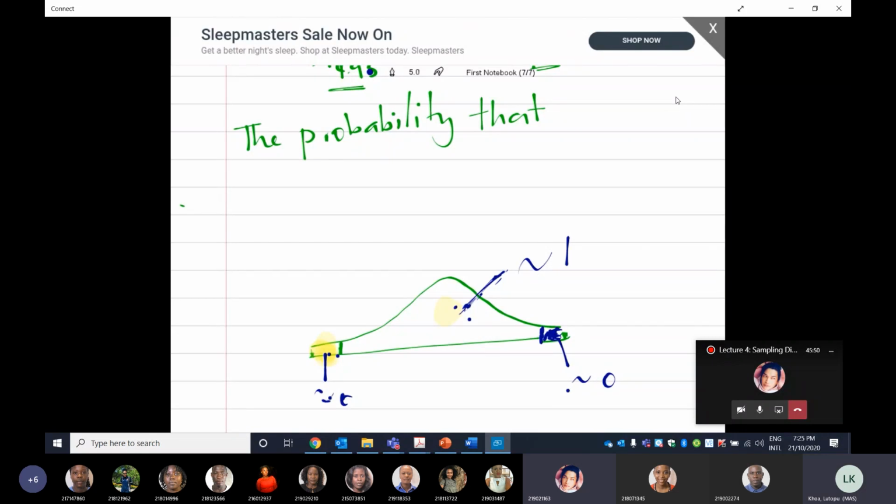Yes, we are approximating it because you cannot read it from the table. It is so small that you cannot get a value from the table. So if your table does not even estimate it, then you say it's 0.